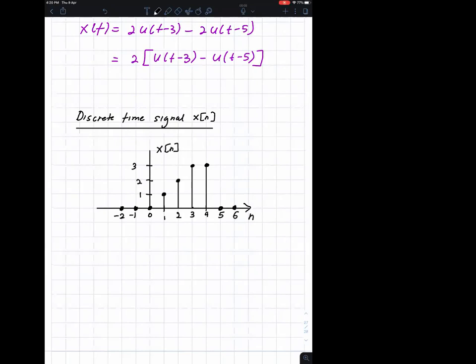So this is a finite number of signals. It starts from -1 and then it ends at 6. Okay, so this is x of n.